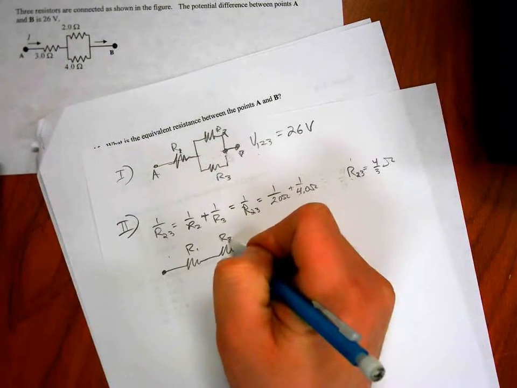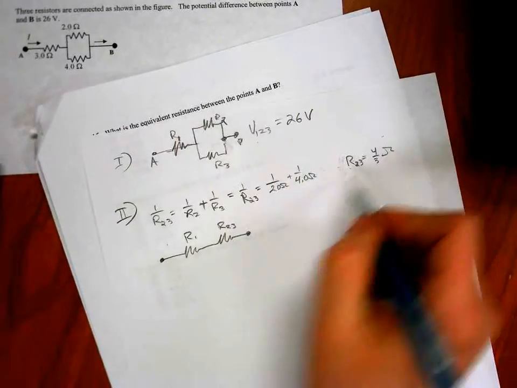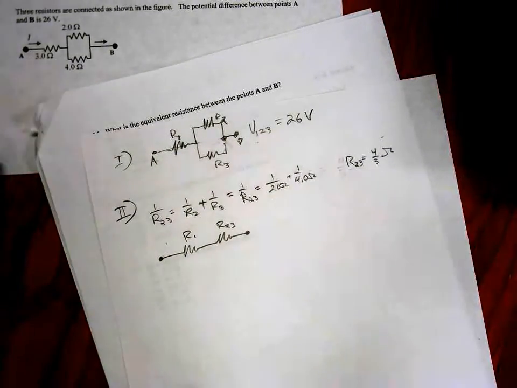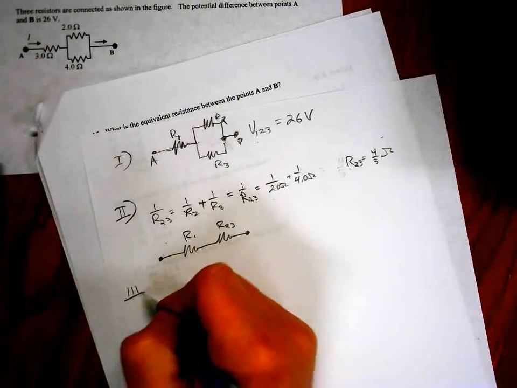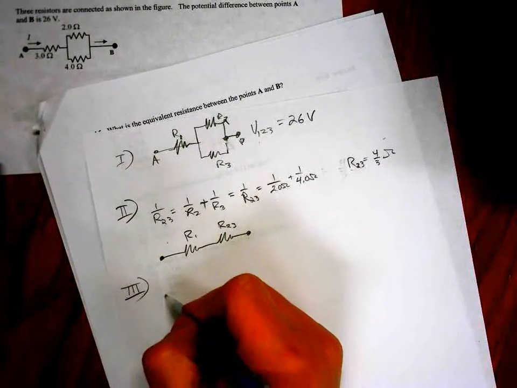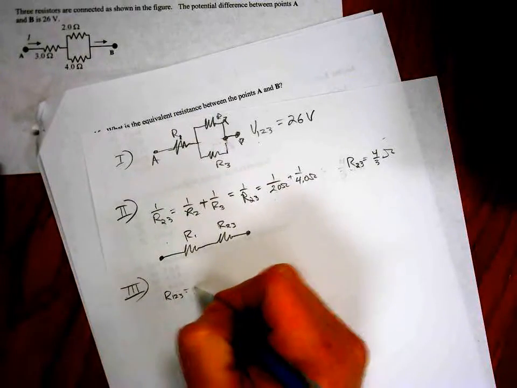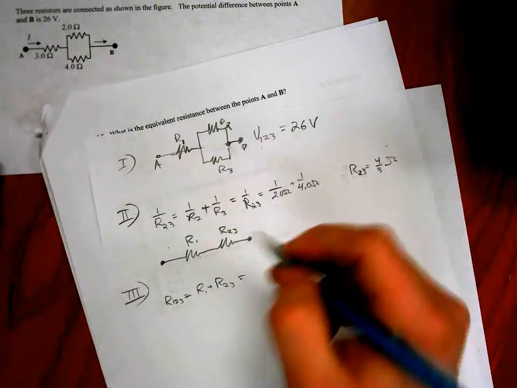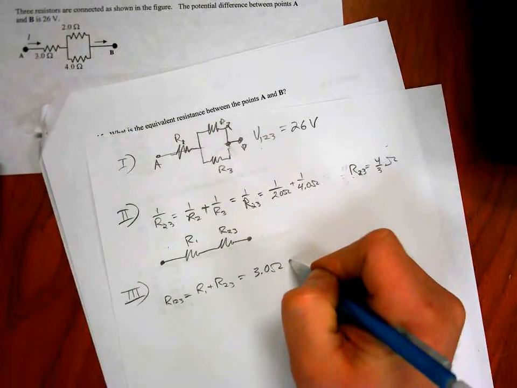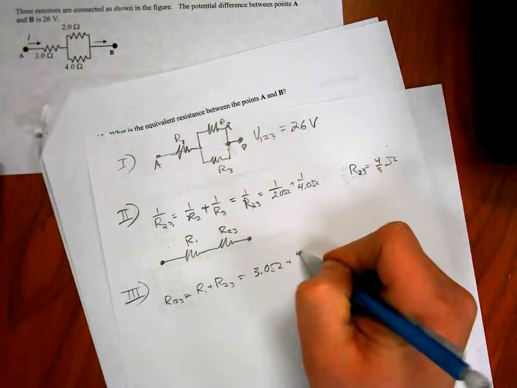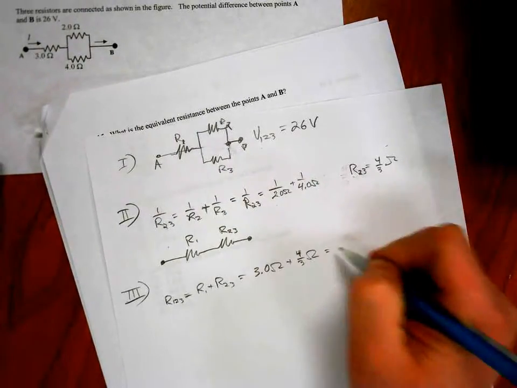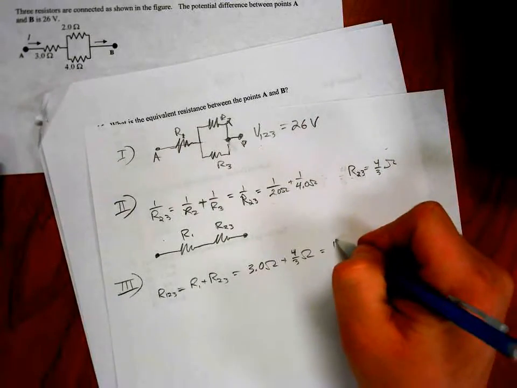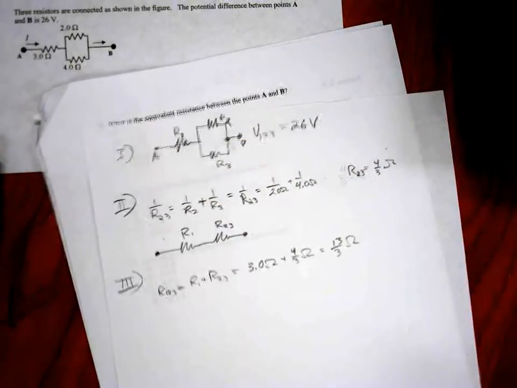So the second circuit is R1 and R23, and we know what R23 is. Now we can combine those and we can say R123 equals R1 plus R23, which equals 3.0, this is a simple one, plus 4/3 ohms equals, let's see, 3 times 3 is 9, so that's 13/3 ohms.